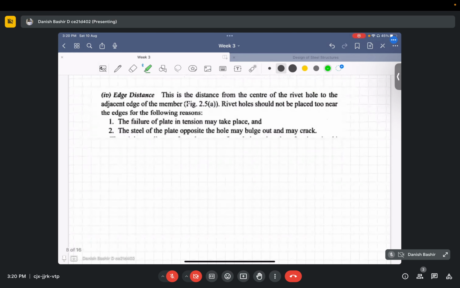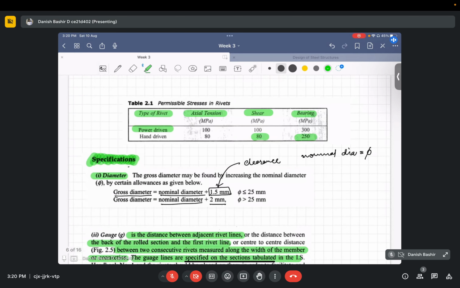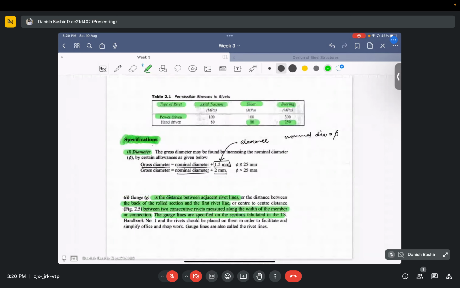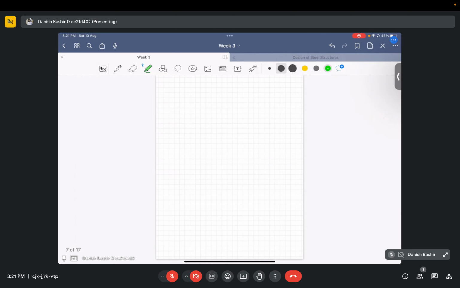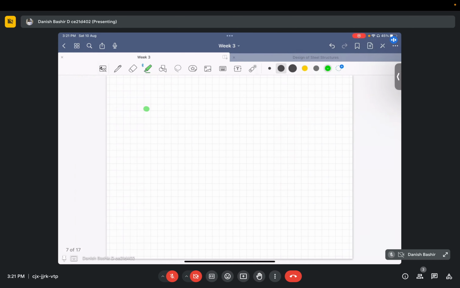So I will show you what we call gauge. For example, we have one angle section like this.